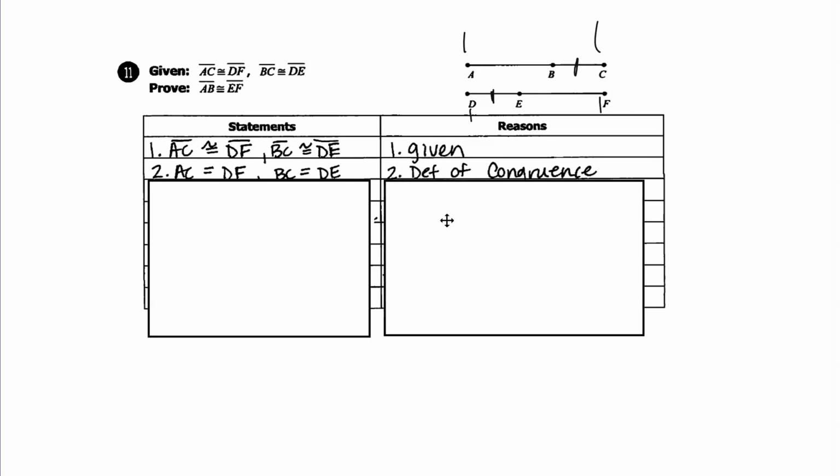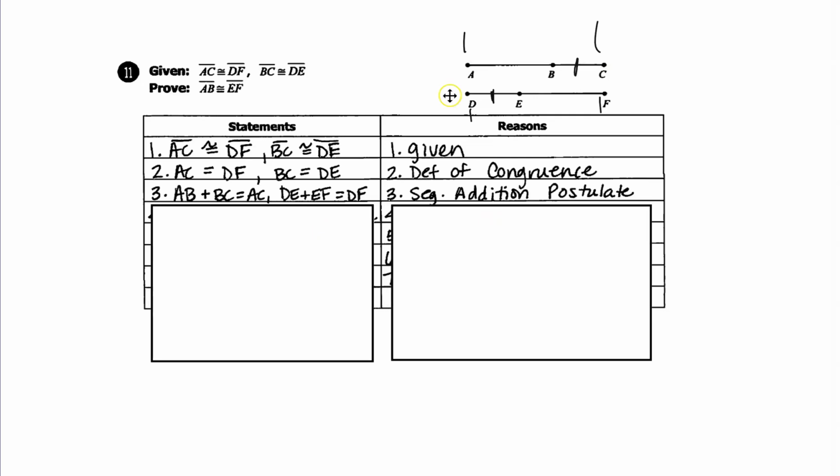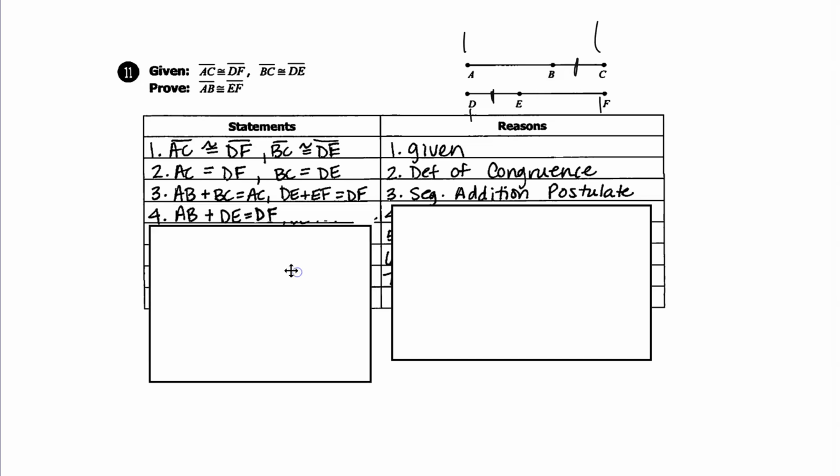Right. Then I would say that AB plus BC equals AC, right? Because that's that segment addition postulate. Same thing here, DE plus EF equals DF. Then you have AB plus DE equals DF.